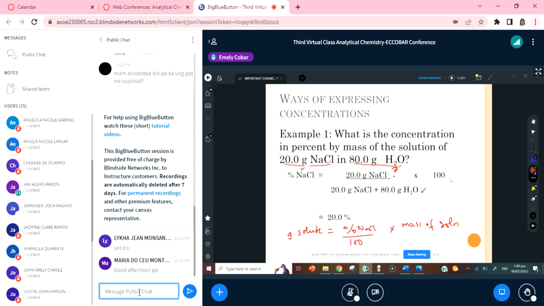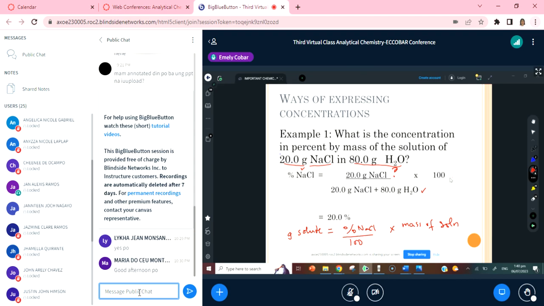Minsan, class, okay, given ang mass percent, ang hinahanap is the solute. Gaano kadami? Ano yung grams ng solute? So therefore, how will you solve that problem? Okay? So what you will do is manipulating the equation. Ito yung gram solute. Given ito, di ba? Okay.